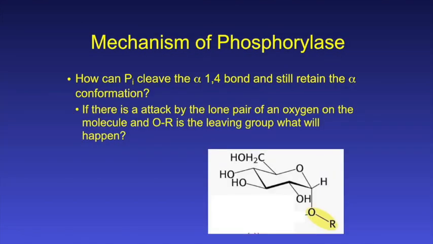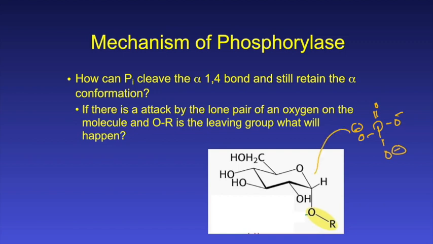The other enzyme that we're going to look at in terms of mechanistic qualities is the phosphorylase itself. This is where I'm going to break off one glucose, and it's going to come off as glucose 1-phosphate using inorganic phosphate. Now, if by chance you have the most simple type of reaction, which is an SN2 reaction, what you could predict is this.